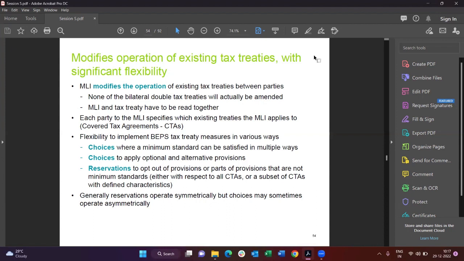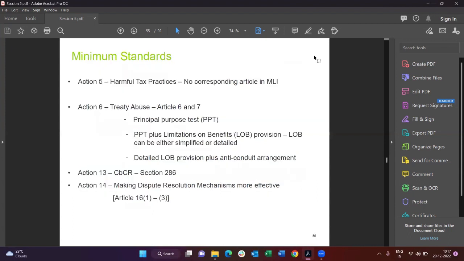Reading an MLI and a tax treaty together and interpreting the situation was practically not easy. So what India introduced was a synthesized text, where the effect of MLI is already there. Whenever we go to a double tax avoidance agreement, we have two documents: the comprehensive agreement and the synthesized text, in which the effect of MLI is incorporated.